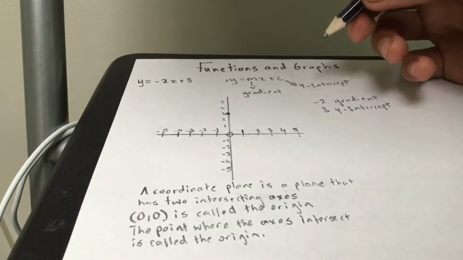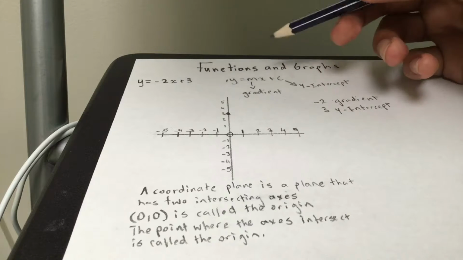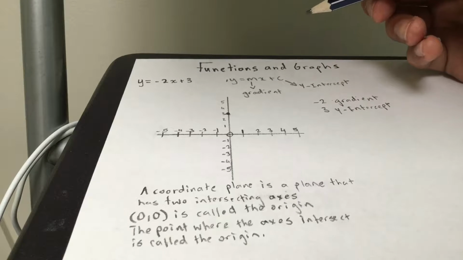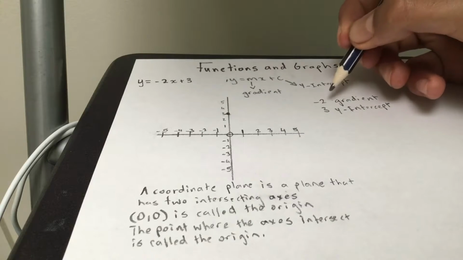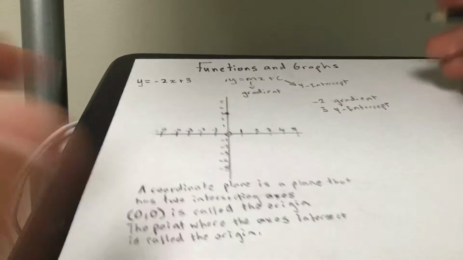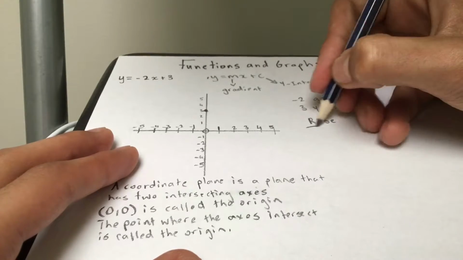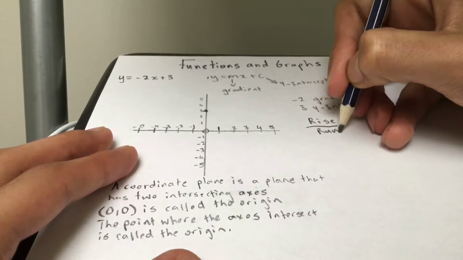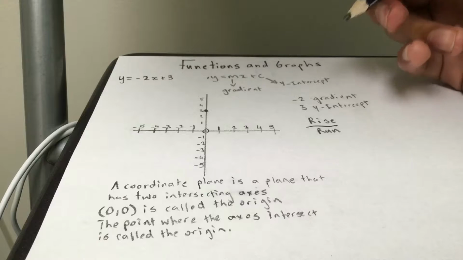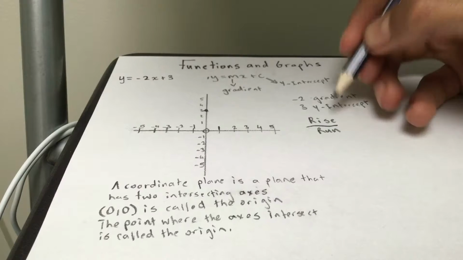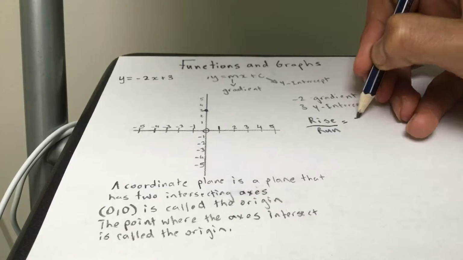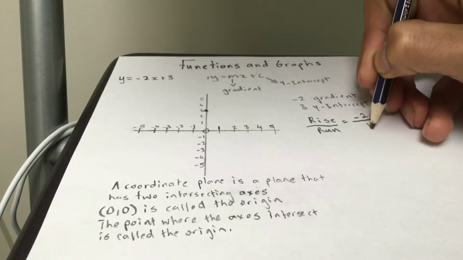So now, as we've found our y-intercept, we have to plot the gradient. So minus 2. We use another formula. It's called rise over run. In this case, the gradient is minus 2, so we write it as minus 2 over 1.